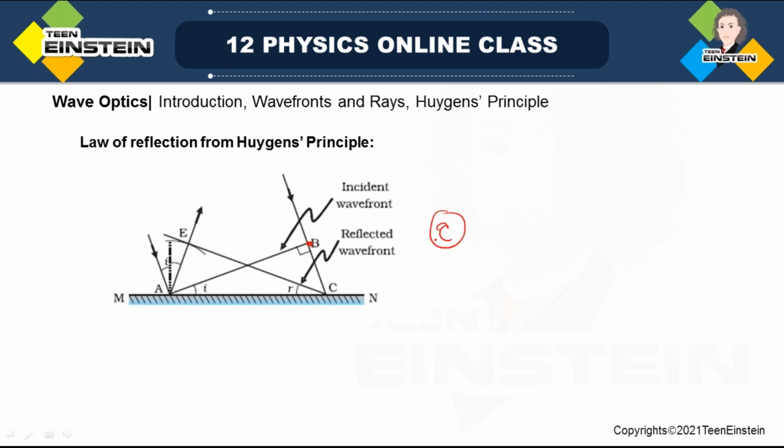Suppose it takes time tau for the wavefront produced by this B point to reach up to C. So the time taken by the wavefront to reach from B to C is tau, suppose. Everything is happening in the same medium.